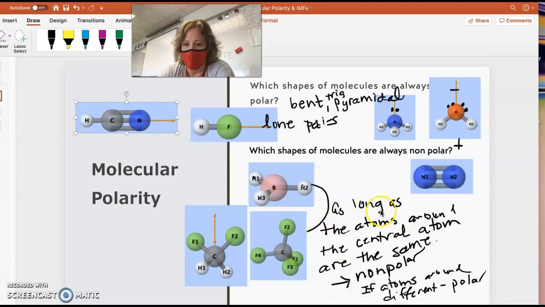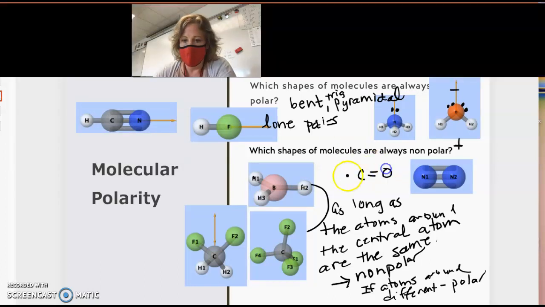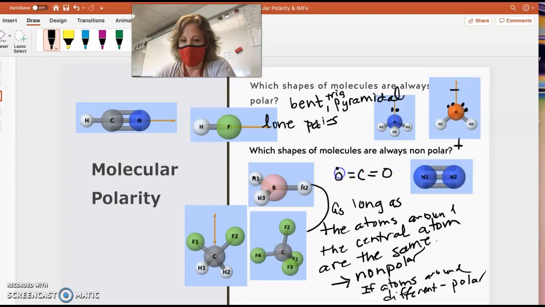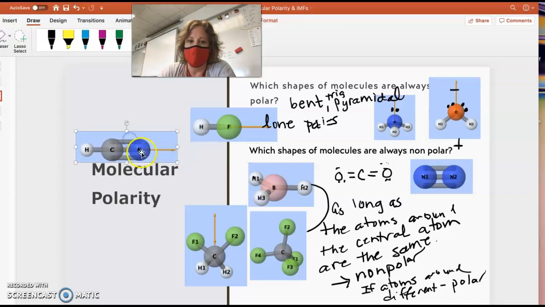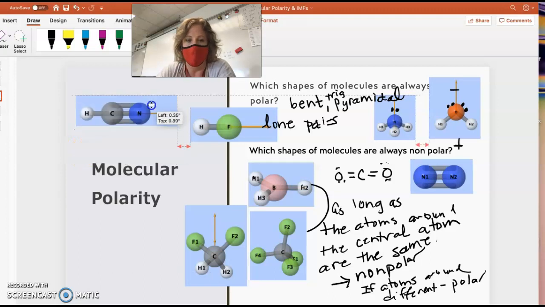So it kind of follows this rule. To be nonpolar, it has to be able to cancel. So, for example, carbon dioxide is a linear nonpolar. But HCN is going to be polar because if it were 2 nitrogens or 2 hydrogens, then they would have canceled, but they're not going to cancel.